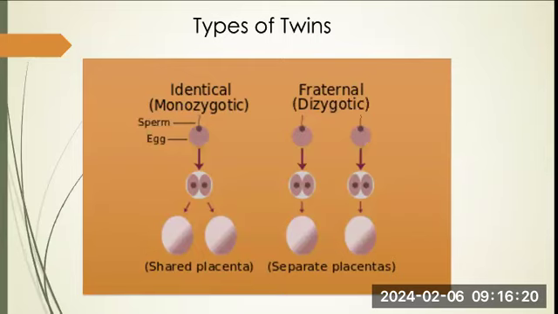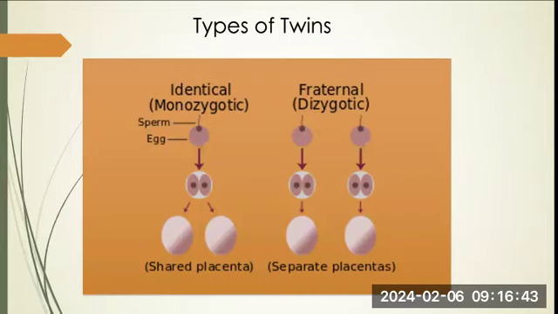Any questions? So know the difference: monozygotic twins are identical twins. They come from the same zygote, right? Monozygotic, so one zygote. And then fraternal twins are dizygotic. Di meaning two, so two zygotes. In fraternal twins, other than the fertility pills, there's no obvious cause.